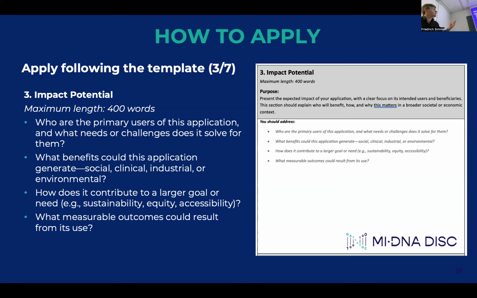And how does this contribute to a larger goal or need, for example, sustainability, equity, accessibility. And then what are the measurable outcomes, which you will normally also find as KPIs. So some value that you can set, and if you achieve this setting or this parameter, it means that your technology works. It's just a control of the technology.